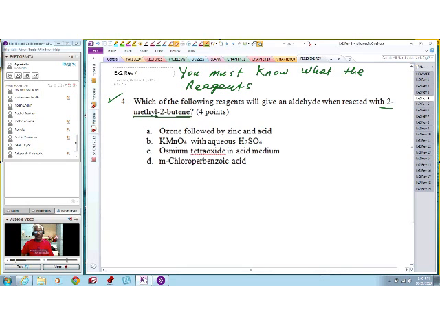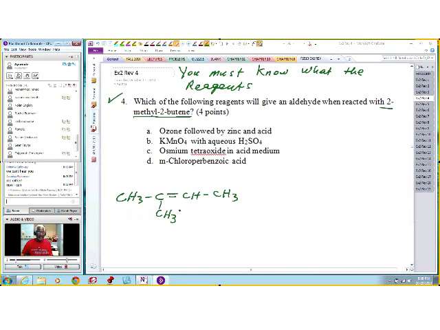The first part of this question, you need to know the structure of this molecule. So this is 2-methyl-2-butene. Let us write the structure here. Okay, can anybody tell me what is the longest carbon chain in this molecule?